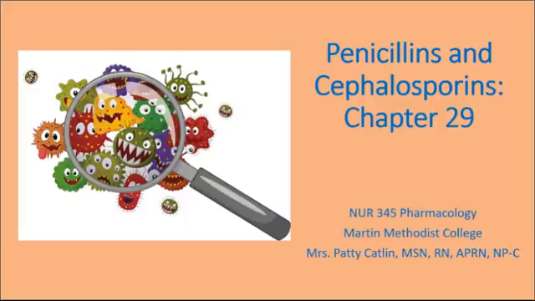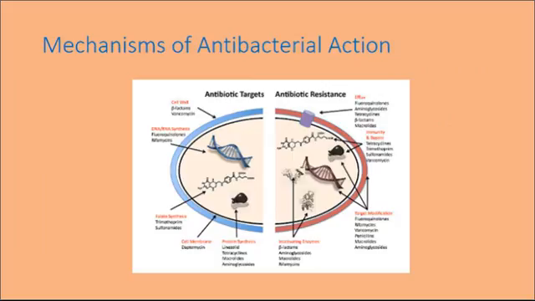So this unit is antibacterial and anti-infective agents, and we're going to start with just chapter 29, which covers the penicillins and cephalosporins. How does it work? Why do we do them?